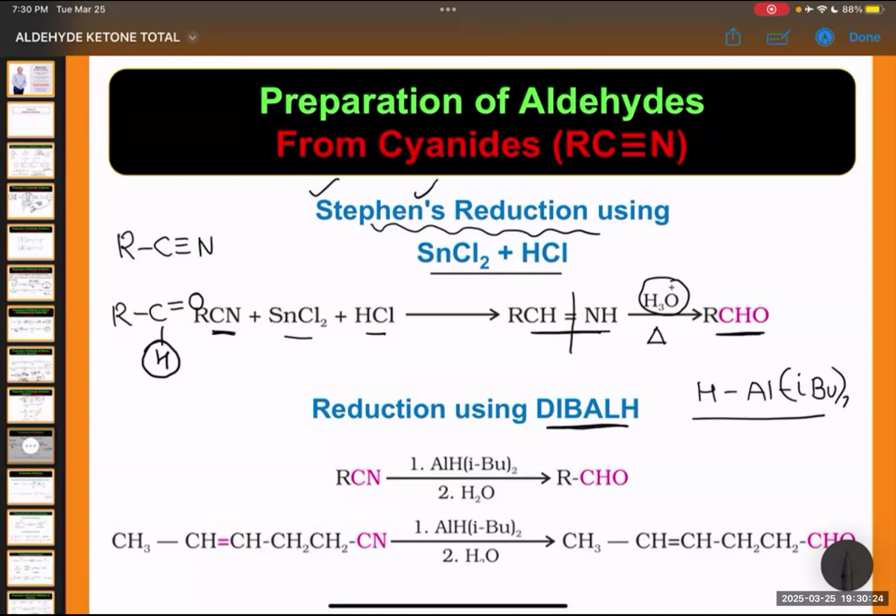This is the abbreviated name. This is the formula with one H on aluminum and two isobutyl groups. That is going to reduce this nitrile, followed by hydrolysis to the aldehyde.